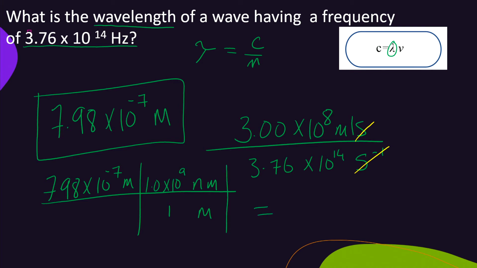So if we go ahead and multiply our answer by 1.0 EE9, we get 797.87 nanometers. But remember, our final answer, we have to take into account our number of significant digits. So we can only have 3. So that will be 798 nanometers, which falls under the ultraviolet category.